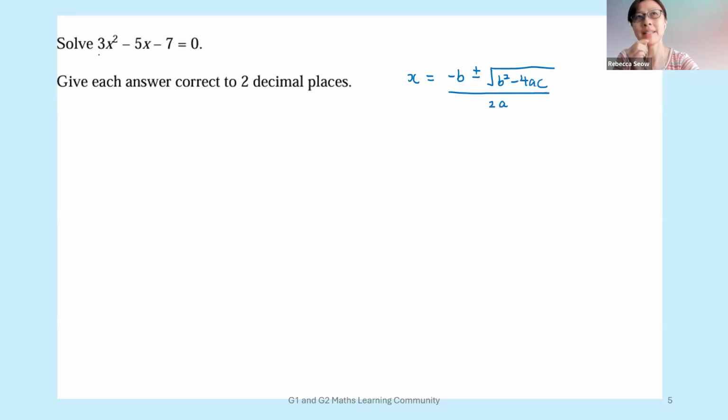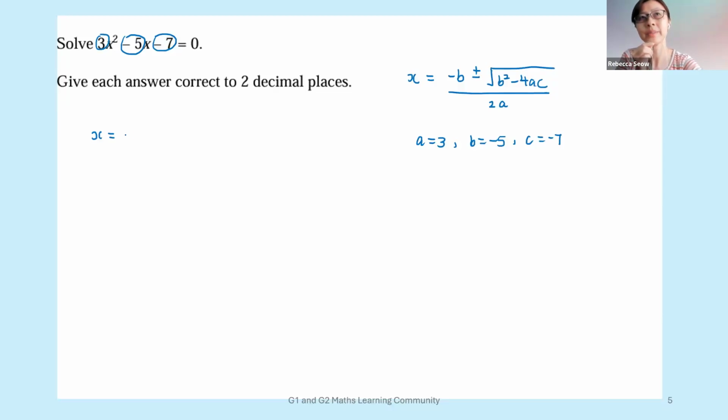Values for a, b, and c, I think we are able to see quite clearly in this question. You should be more familiar now. So a equals to 3, b equals to -5, and c equals to -7. Now let's substitute these values into the formula to get the answer.